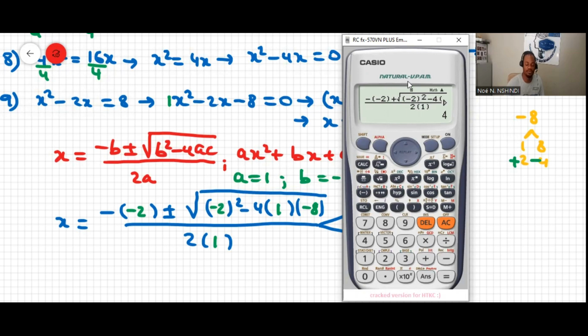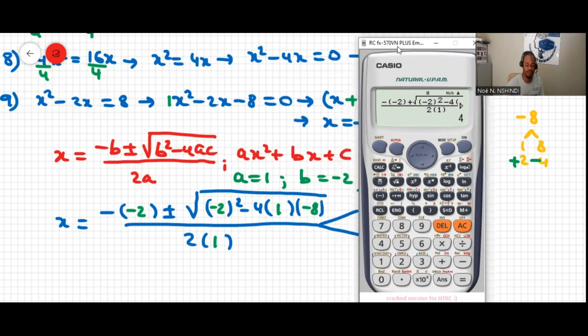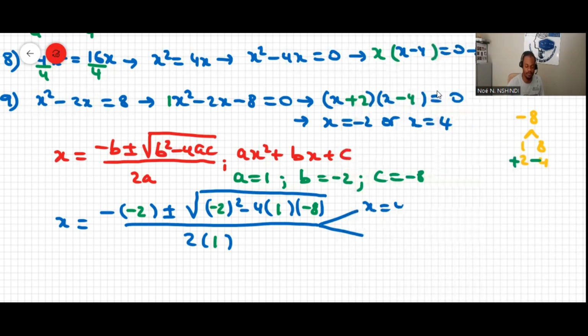And when we hit equal, you see, we got the answer 4 with the positive, so x equals 4.